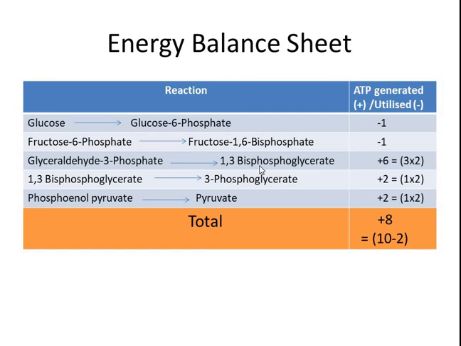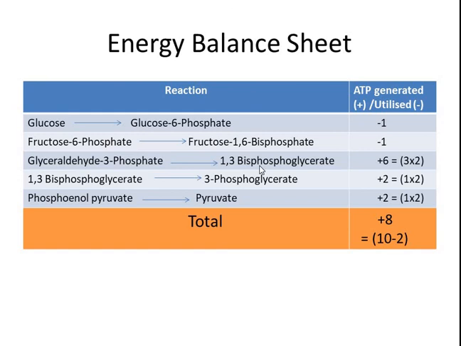NADH, after entering the electron transport chain, yields approximately 3 molecules of ATP. In the glycolysis of glucose, 2 molecules of glyceraldehyde-3-phosphate are converted into 2 molecules of 1,3-bisphosphoglycerate, and thus 2 molecules of NADH are generated, and therefore overall 6 ATP are formed in this step.